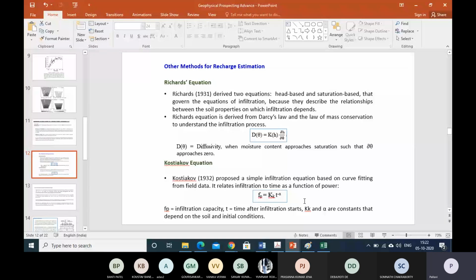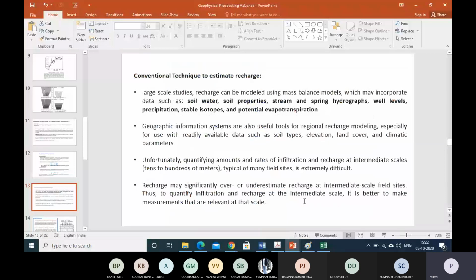And that's why recently people are more dependent on these hydrogeophysical methods. Even GSI people and groundwater people, for example Central Groundwater Board, are all using the electrical resistivity method to calculate in situ or field based infiltration as well as field based recharge estimation.